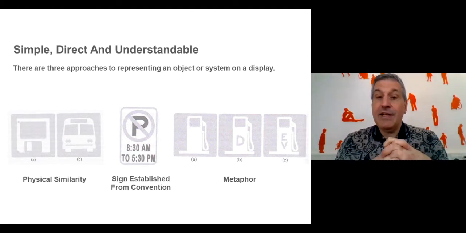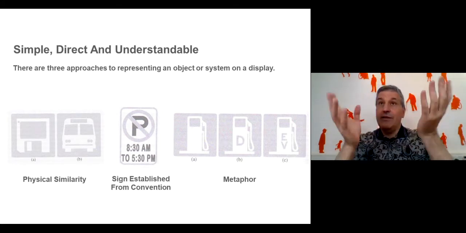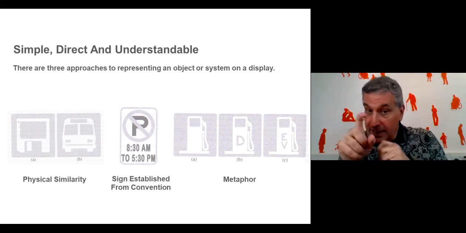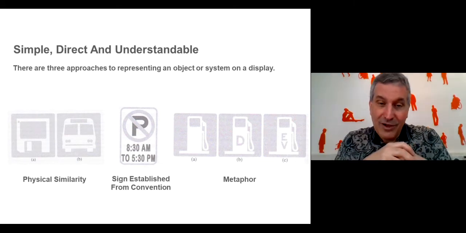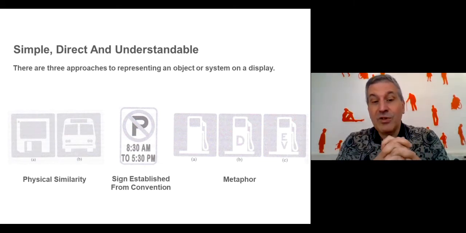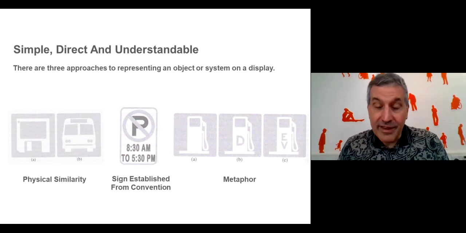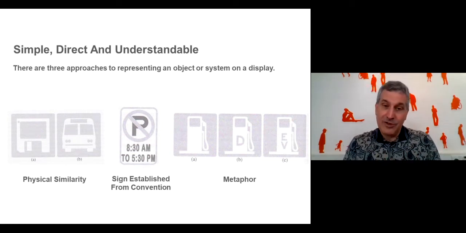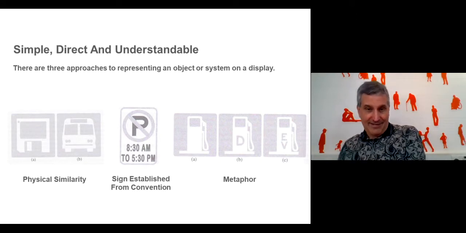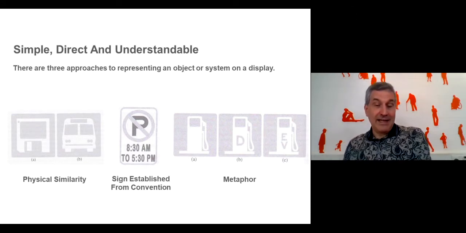If we all agree that the stop sign is red, when I see the red sign in the distance, even before I can read the word stop, I will know that that means stop. So there are things in society we've all agreed is a good thing, we should all do a certain thing, we should all use this symbol to say a certain fixed idea that everyone recognizes and needs to respect.